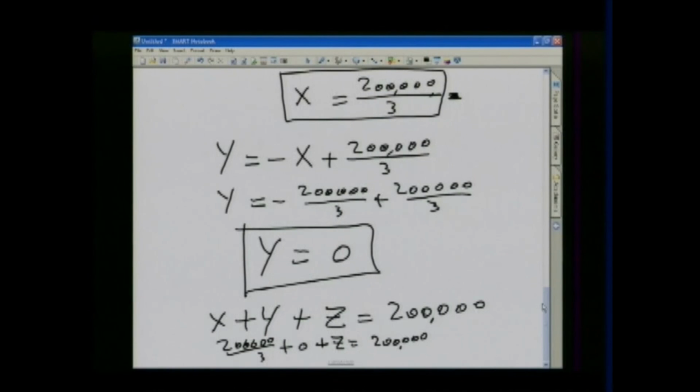That would mean z, therefore, is equal to 400,000 divided by 3.